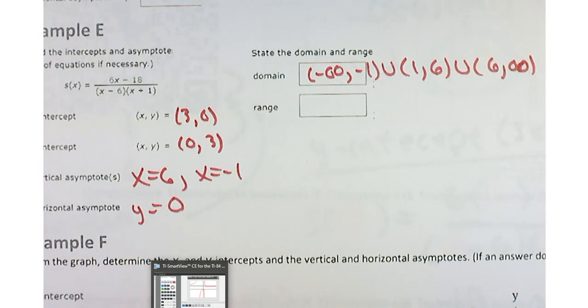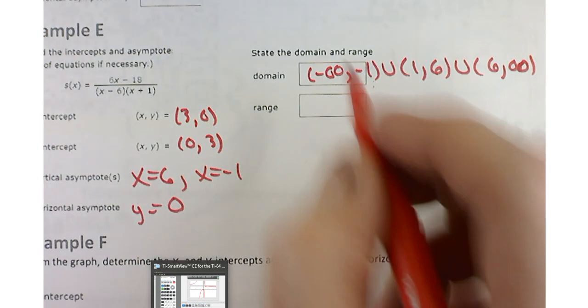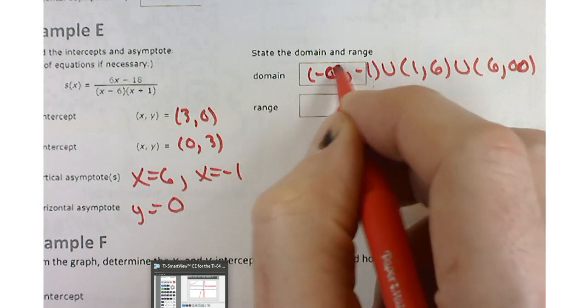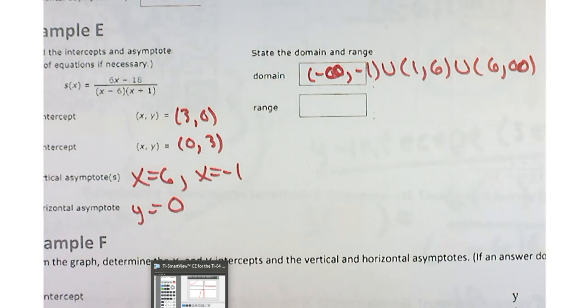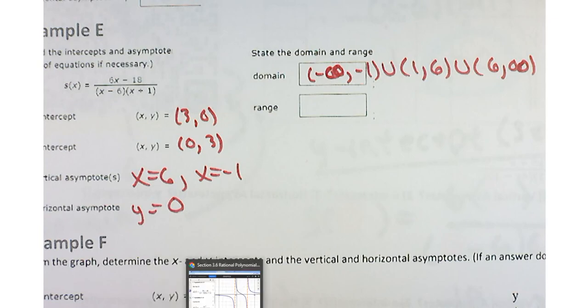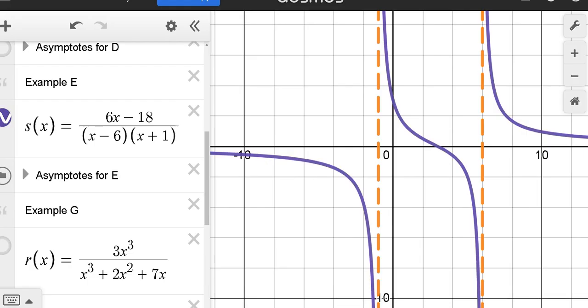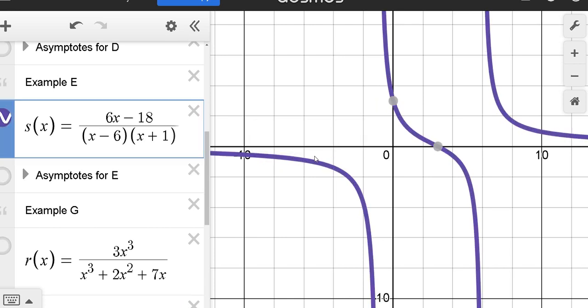How am I going to figure out the range, though? What do I have to do for that? What is the range? What does the range correspond to? Yeah, the range is the y values for this graph. Now, if I didn't have this middle piece, my range would not include 0.